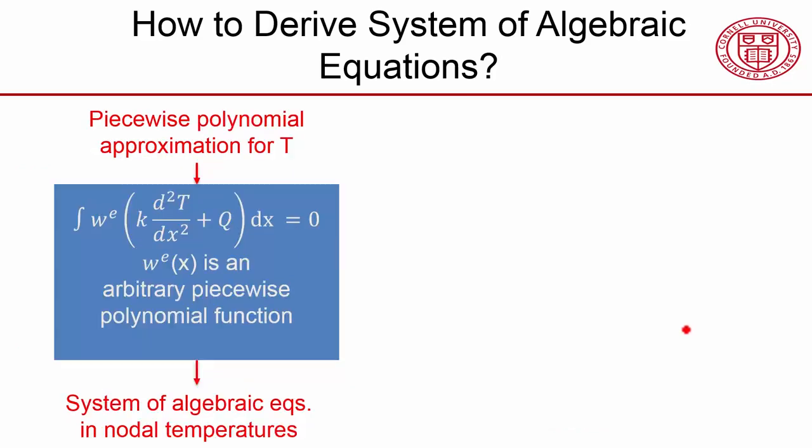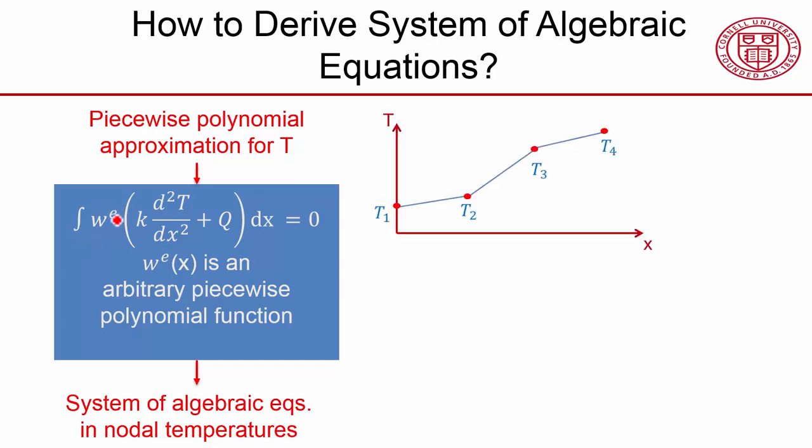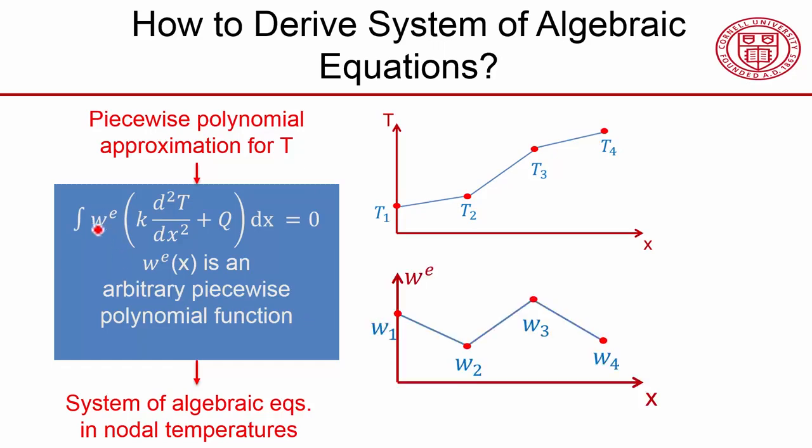Okay, so to summarize then, we have the weighted integral form, the weak form as it's called, but with a particular shape of W. So our temperature over here is this shape. Our weight is of this shape, and you can see it's the same kind of shape. So we assign values for the weights at the nodes, and then we just do a linear interpolation.